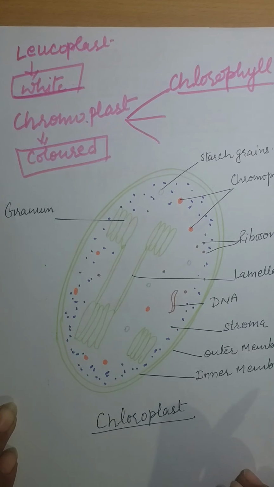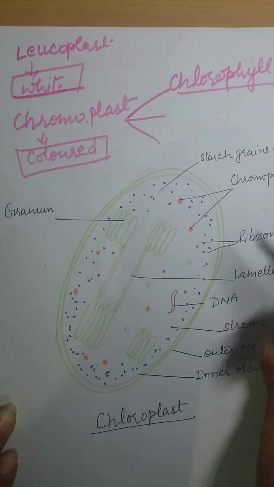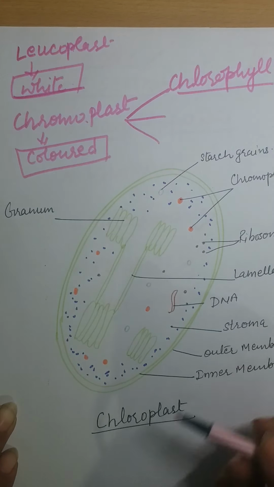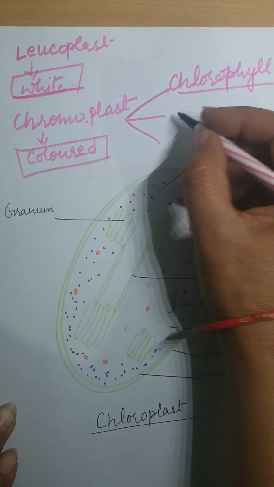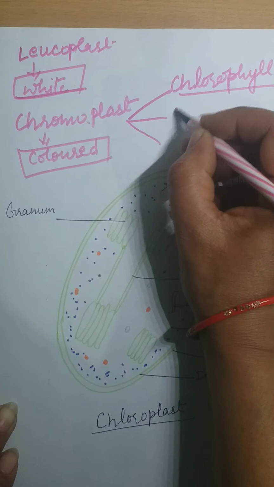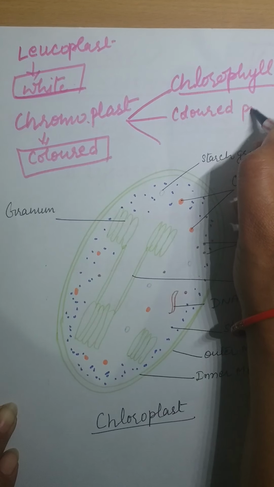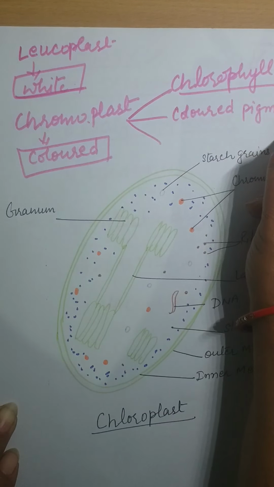Is it clear? Now, another type of plastid is chromoplast, that is color pigments.